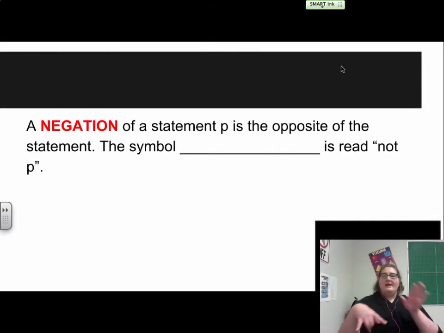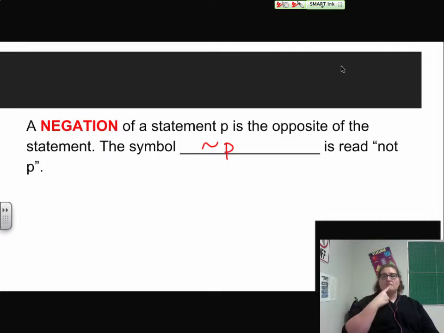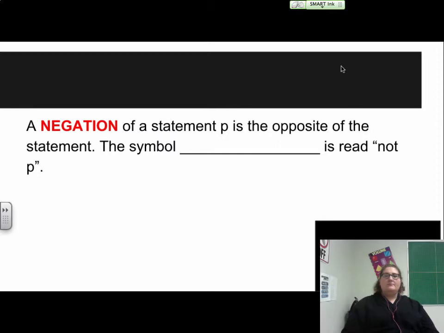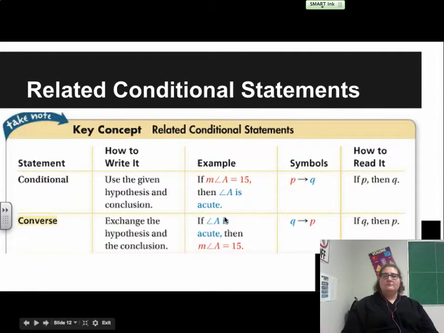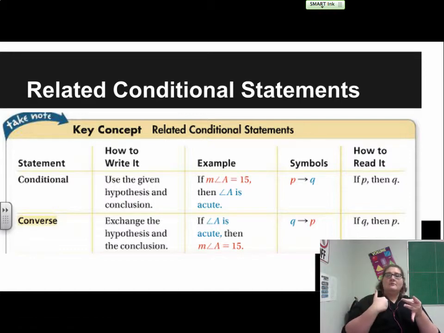A negation of a statement P is the opposite of the statement. The symbol, which looks like a squiggly P, is read not P. Conditional statements: we have the traditional conditional statement that we already learned about that says if P, then Q. Then we also have the converse of that statement that says if Q, then P. We switch the conclusion and the hypothesis.